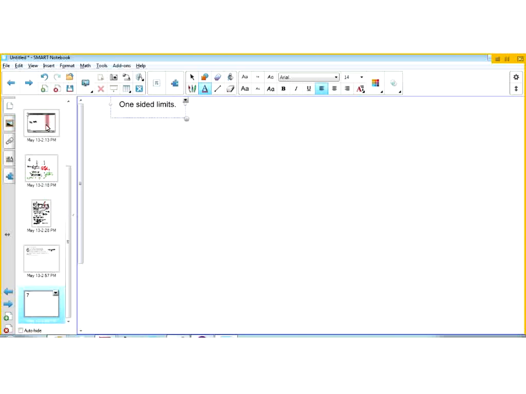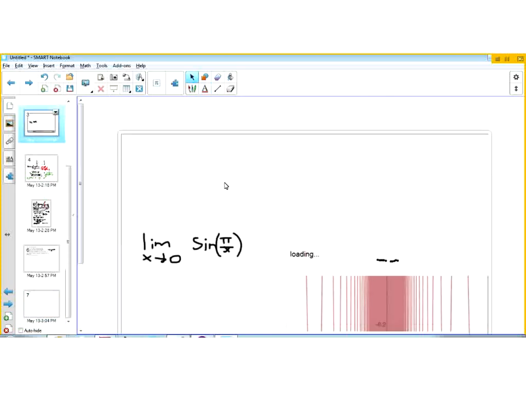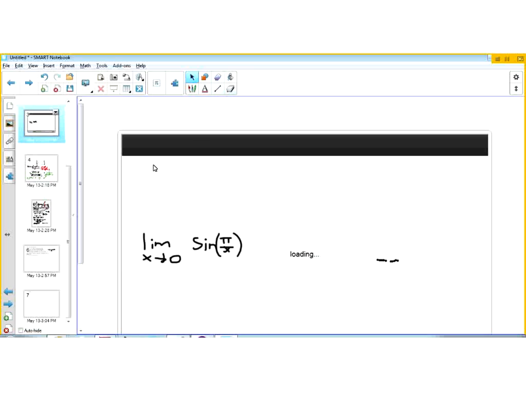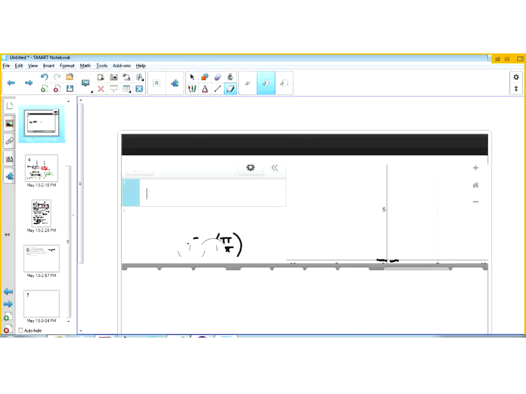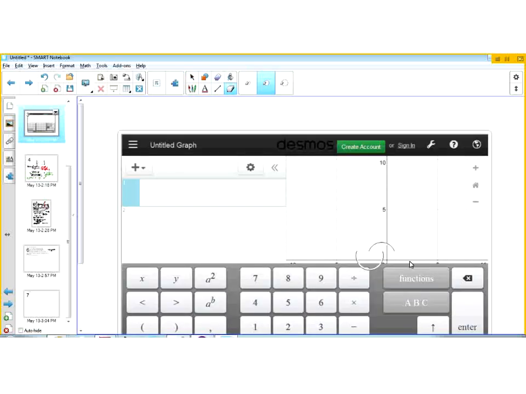Let me go back to my graphing calculator. Let me erase this structure. And let's say we have a piecewise defined function, say h of t.